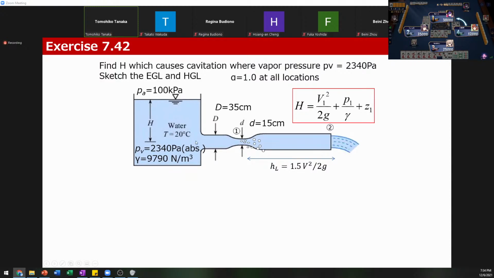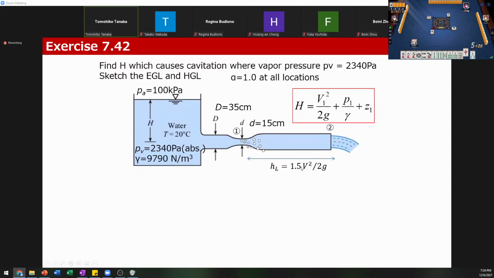And this is water, and the diameter is 35 centimeters, and the diameter at the throttle is 15 centimeters. And the loss of head is 1.5 V squared over 2g. And you can use the energy equation from 1 to 2.